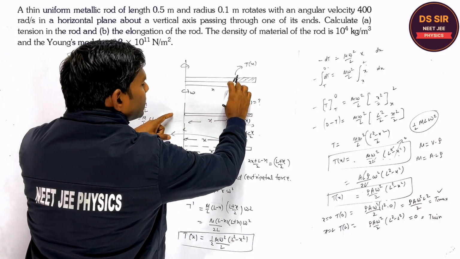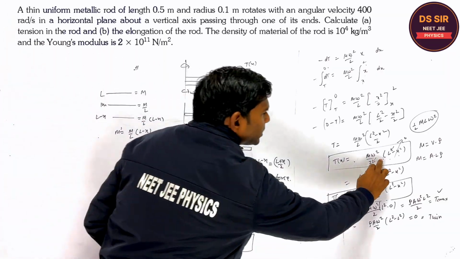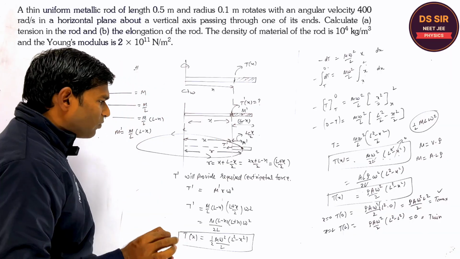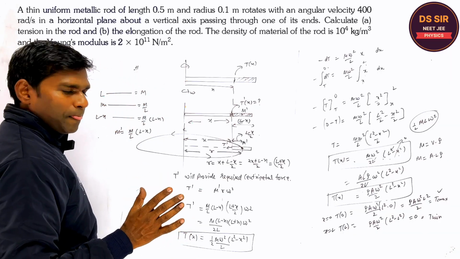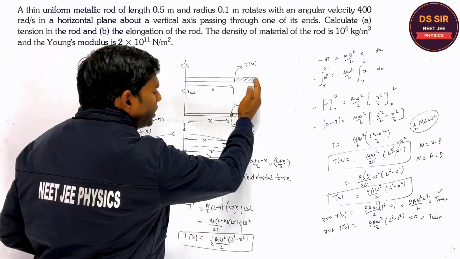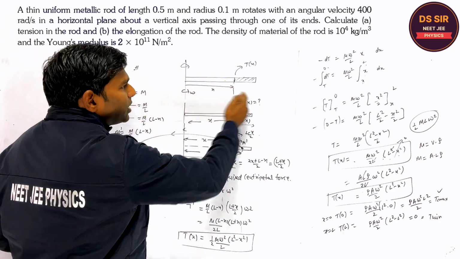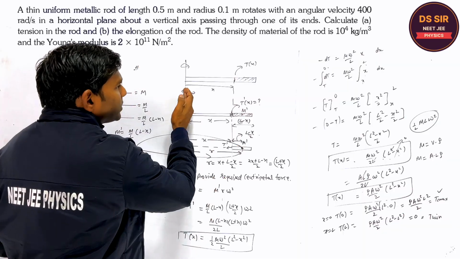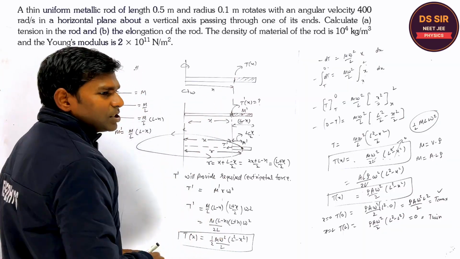At this point, the tension we have found could also be found with the help of integration. So this is the general expression. As x is increasing from the center, the tension is decreasing.